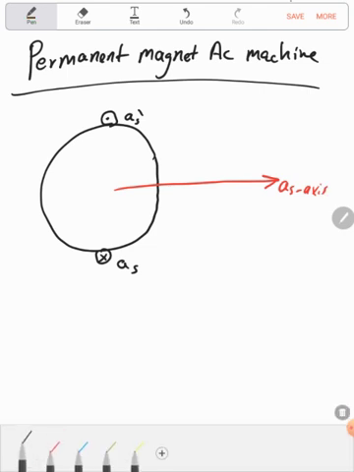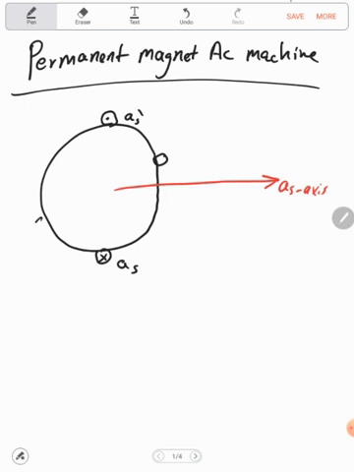Now 120 degrees from the phase A, we have phase B. So let's assume those are the terminals of the phase B, and here the current is in and here the current is out.